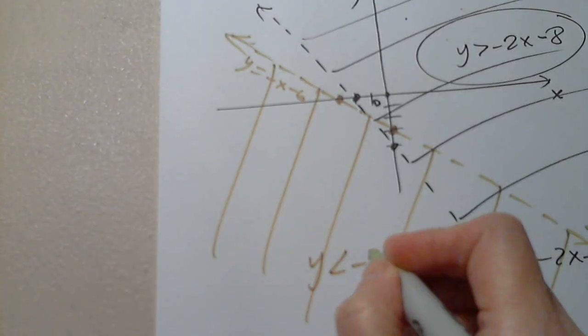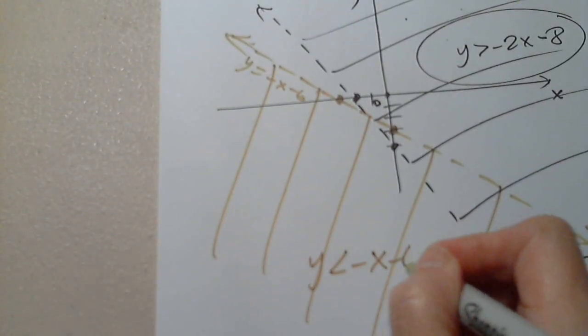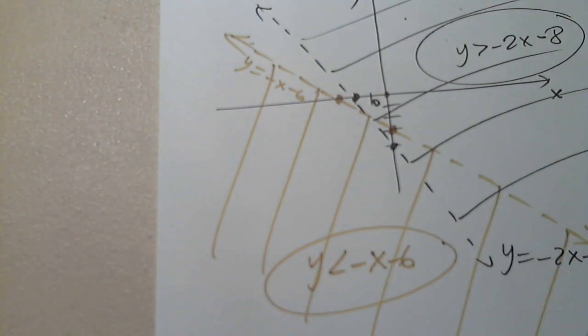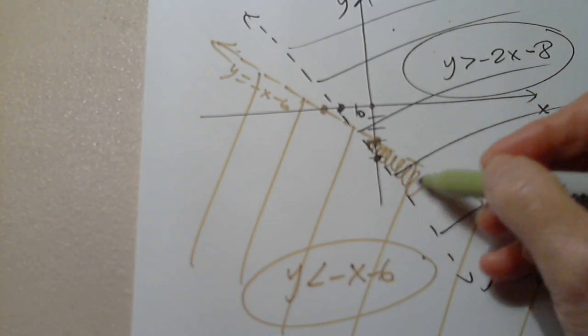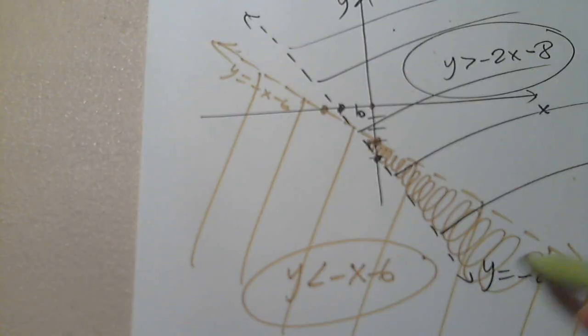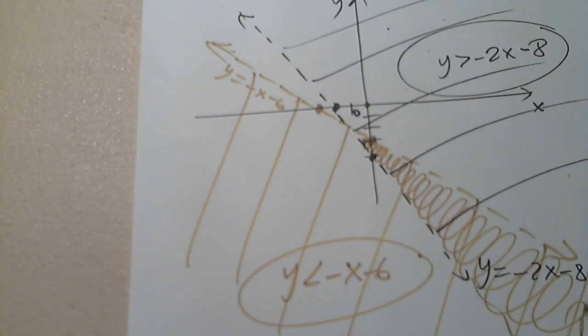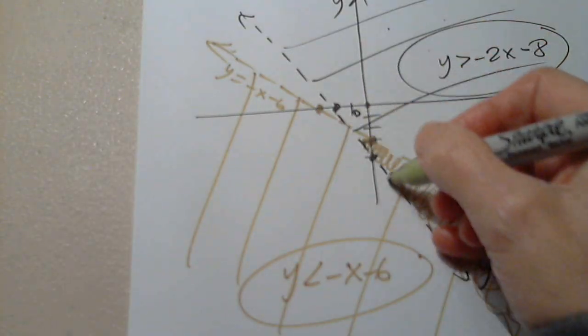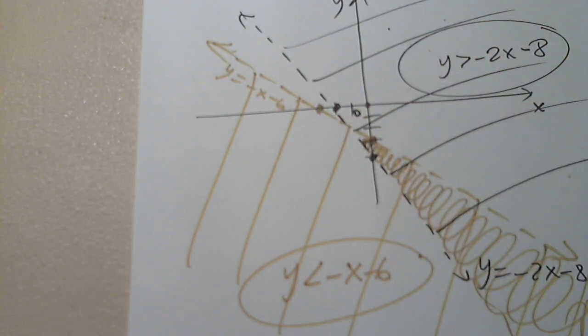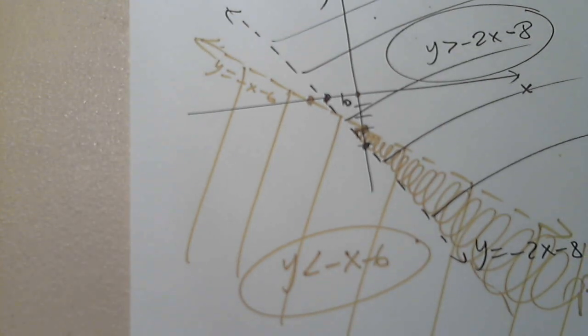So this is why less than negative x minus 6. Now, they intersect right here. Both. Not points on this line and not points on this line, but everything else in between. This was also a good one.